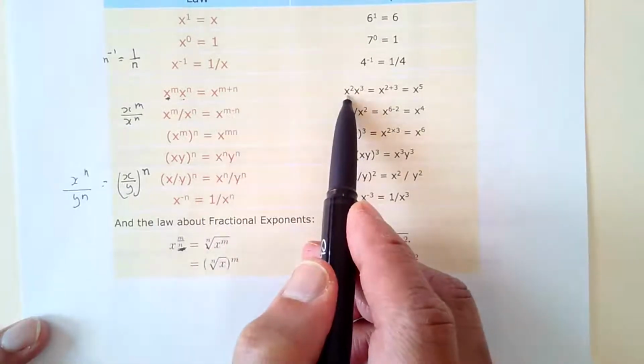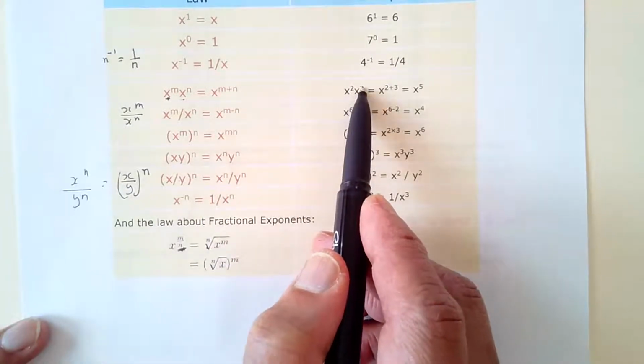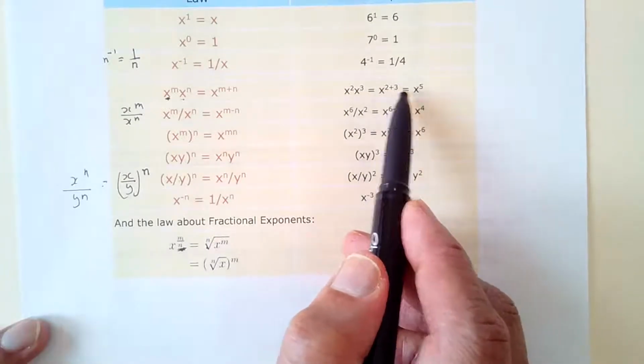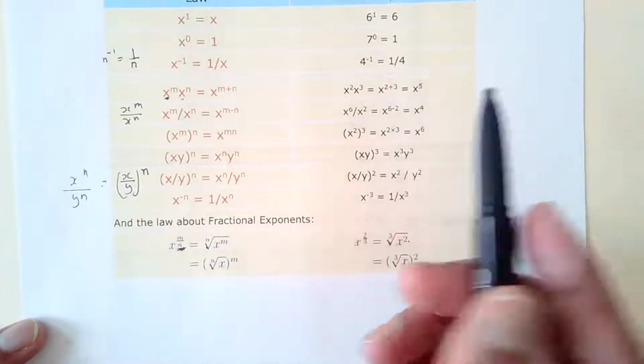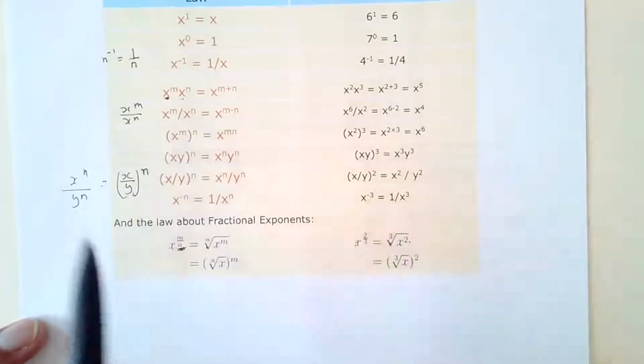For example, x to the power 2 times x to the power 3 means x to the 2 plus 3, which gives me x to the power 5. We add the exponents. Notice the bases have to be the same.